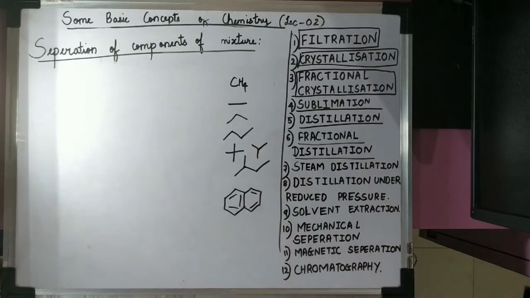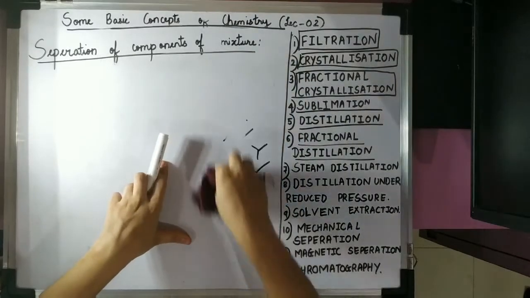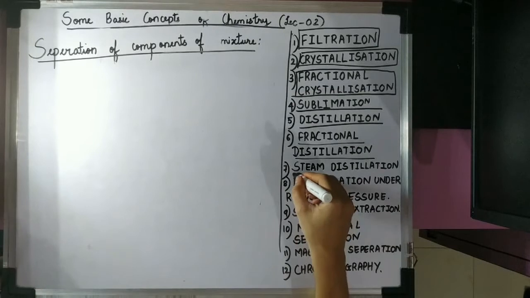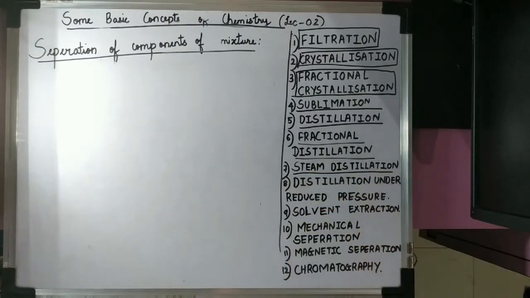The next technique that we are using is steam distillation. As the name suggests, the steam, like the water vapors, is used to separate some components. Now how does steam distillation work?